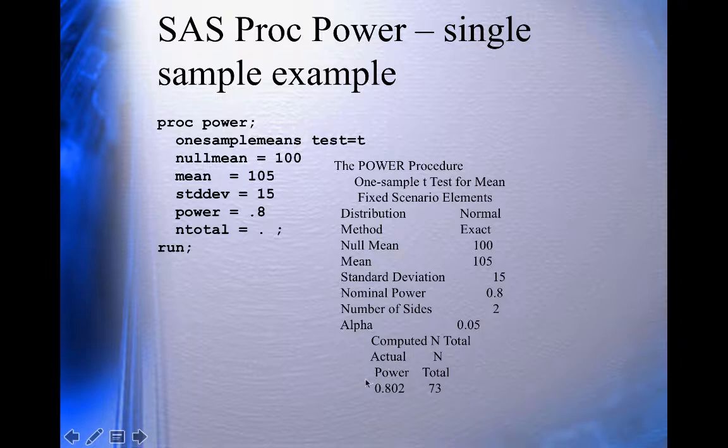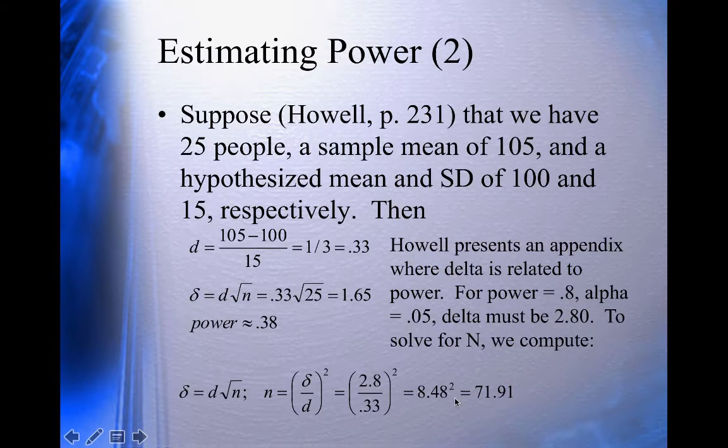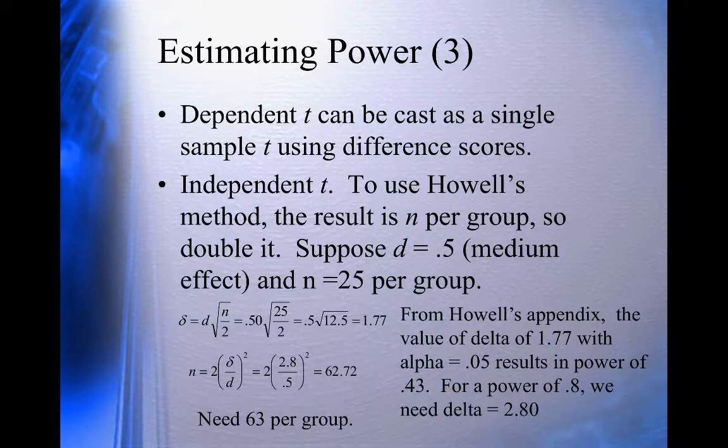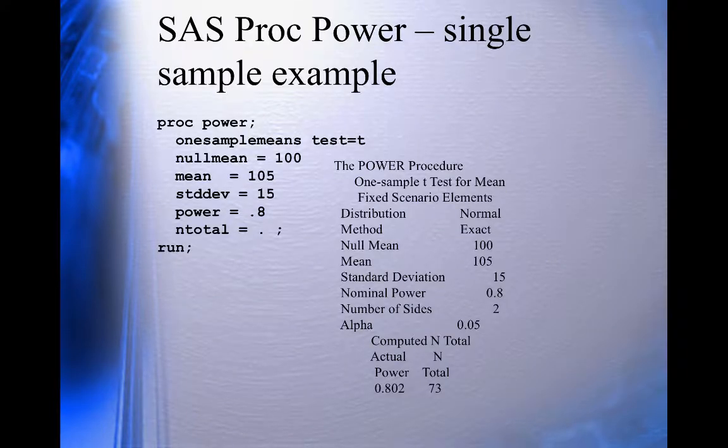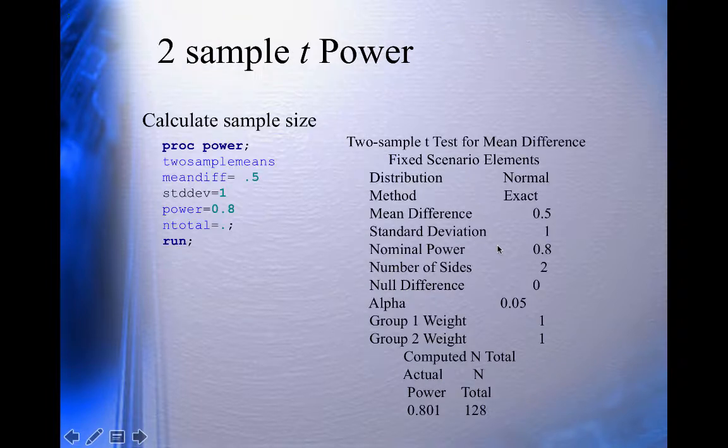Computed total n says a power of 0.802 with an n of 73. So we had 72 here, so close enough. All right, and I trust this. If you tell your reviewer for your grant that you did this with SAS, they will believe you.